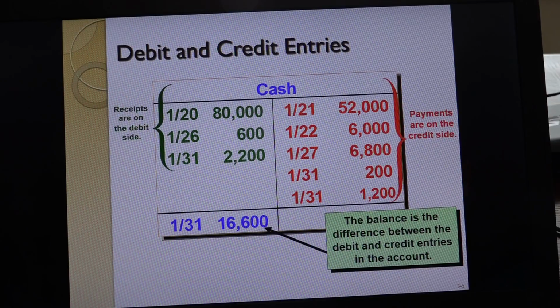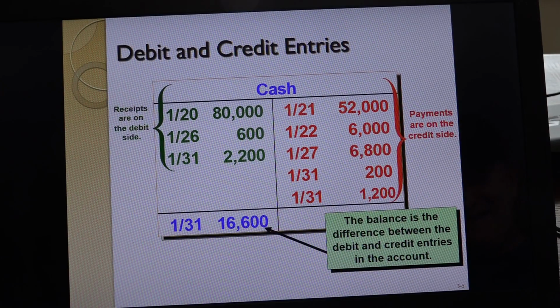And so what that means is that for cash, which is an asset, an increase in cash is reported on the debit or left side.